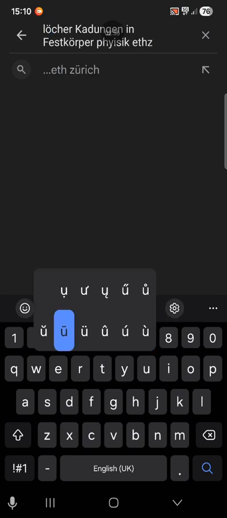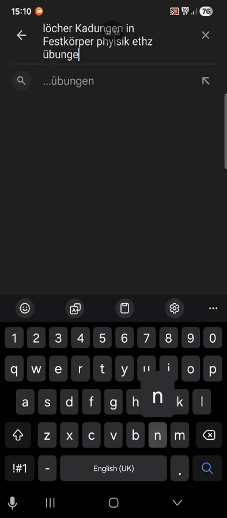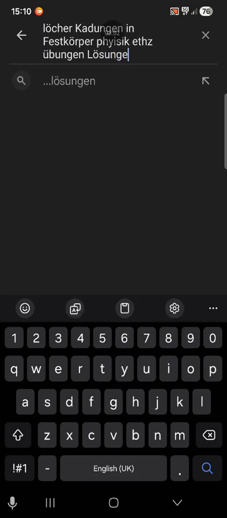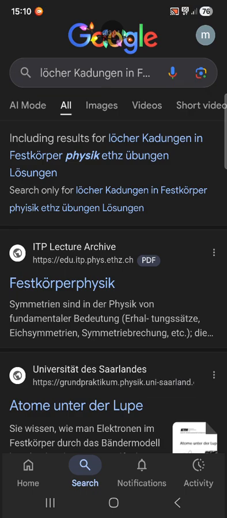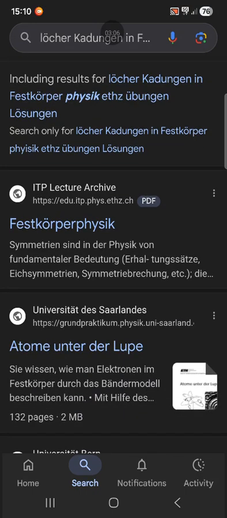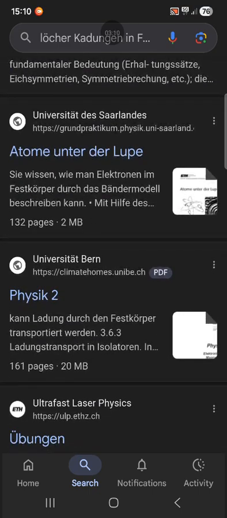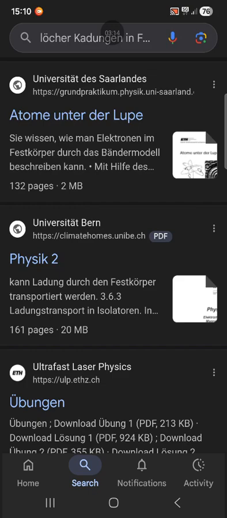So nowadays, I expect to find this. So like stuff like that. So charge transport in isolators.